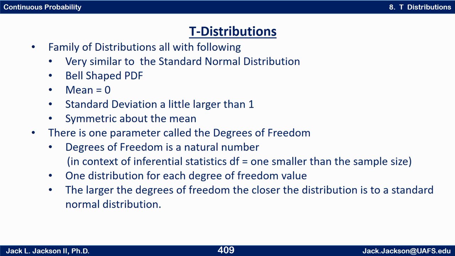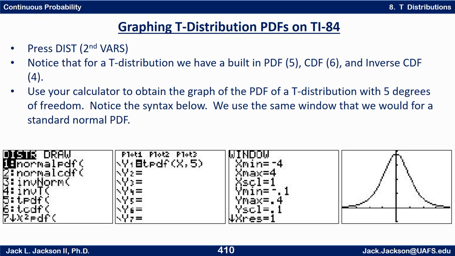And because the mean is 0 and they are bell-shaped curves, they are symmetric about the mean, just like the standard normal is. As it turns out, the larger the degrees of freedom, the closer the t-distribution is to a standard normal distribution. So let's look at how we could graph the t-distribution PDF on a TI-84.